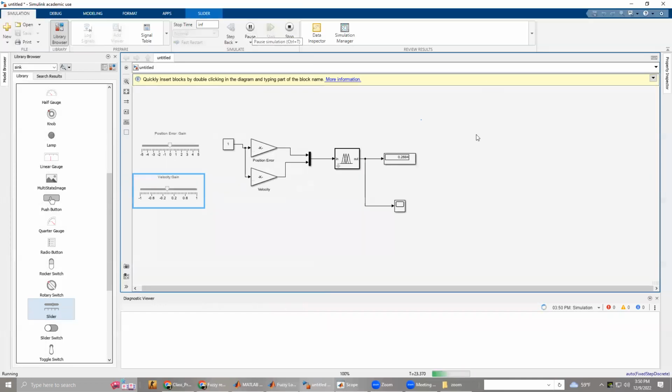This is more clearly seen on the display than the scope, as the scope has issues with scaling itself. So as the conditions get closer and closer to both being 0, we can see that the output of the fuzzy system also gets closer to 0.